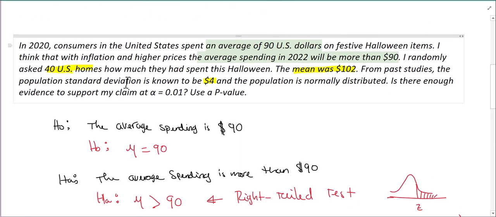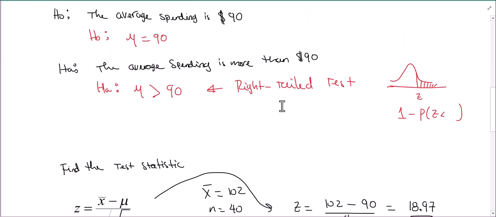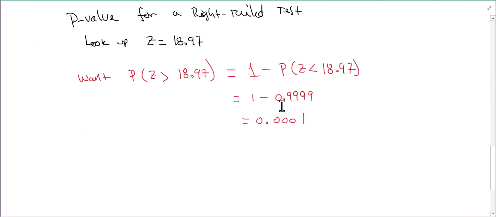Now, what was our level of significance? We were told the 0.01 level of significance. So we want to compare the p-value versus alpha. Our p-value is 0.0001 and our alpha is 0.01.